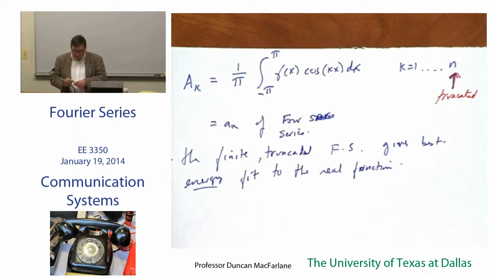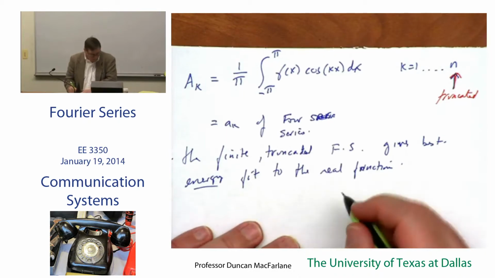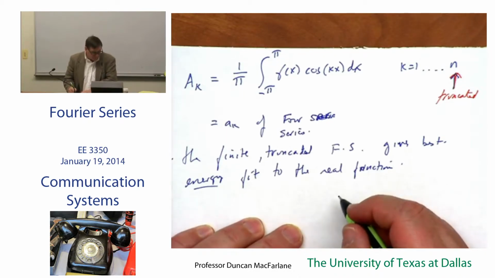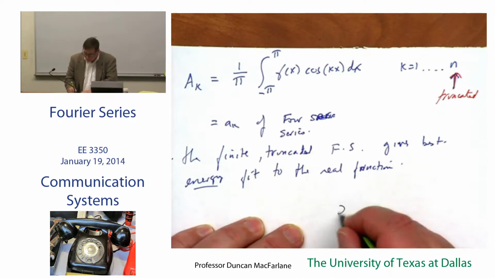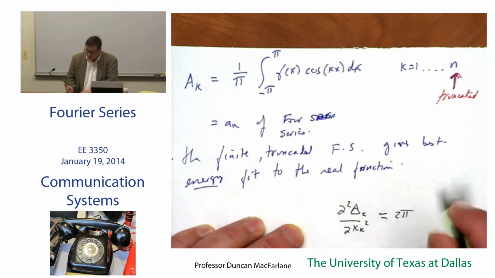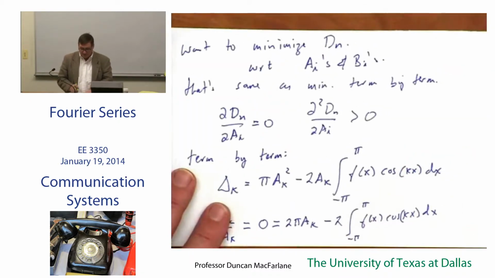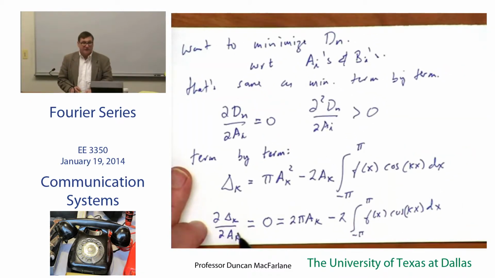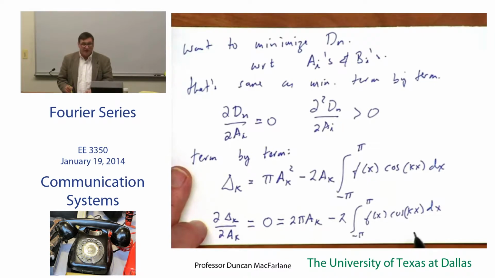There's one small little detail here that I didn't do, which is del 2 of this delta k, del a k squared. That's going to equal 2 pi. Come back to here. Take the second derivative of this. That's independent of a sub k.